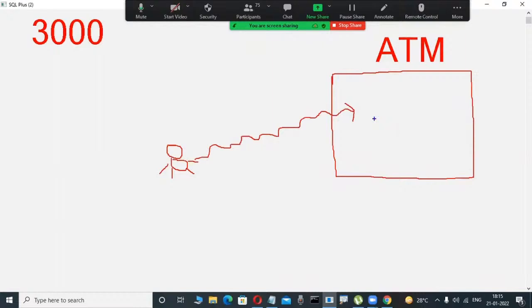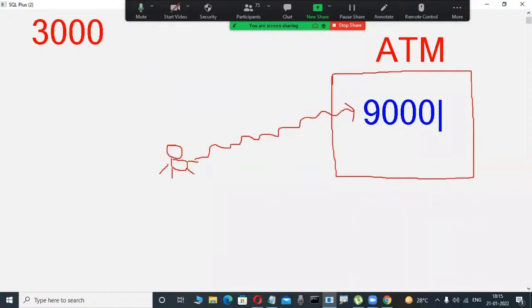After inserting the ATM card, it asks for the amount to enter. Unfortunately, I mentally decided to withdraw 9000 rupees. Now, as I try to withdraw 9000 rupees, will I get 9000 rupees? No.